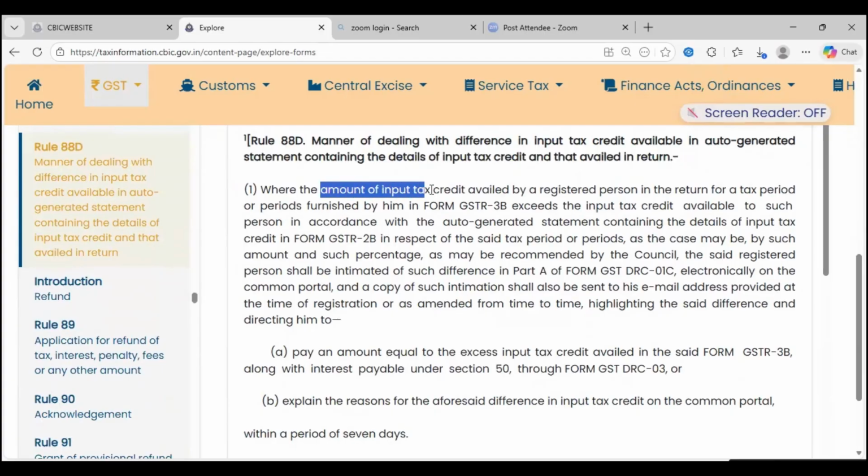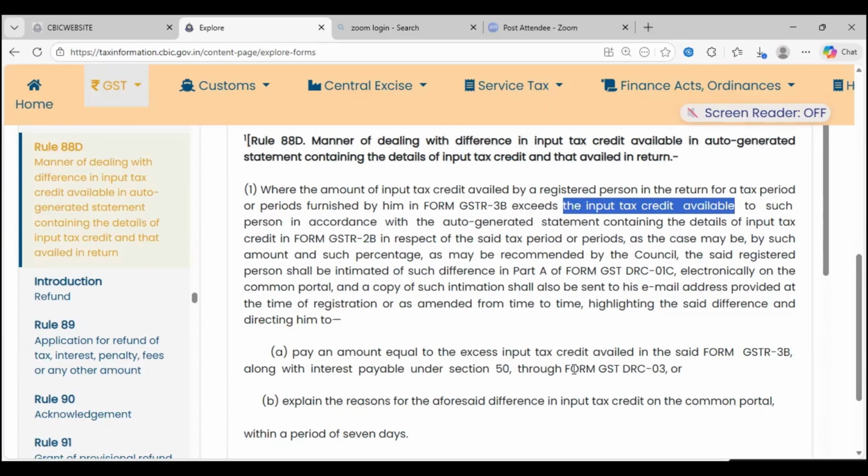Where the amount of input tax credit availed by a registered person in the return for a tax period or periods furnished by him in 3B exceeds the input tax credit available. Look at the language: input tax credit avail, input tax credit available.